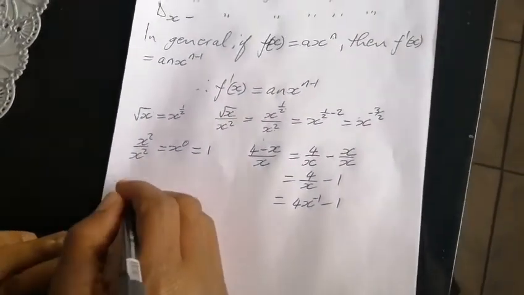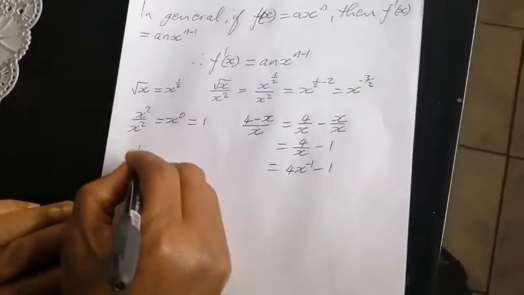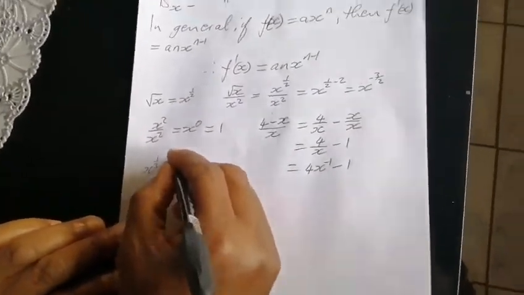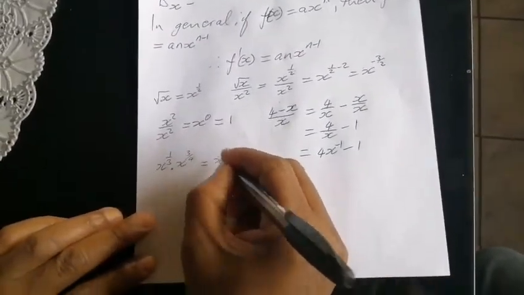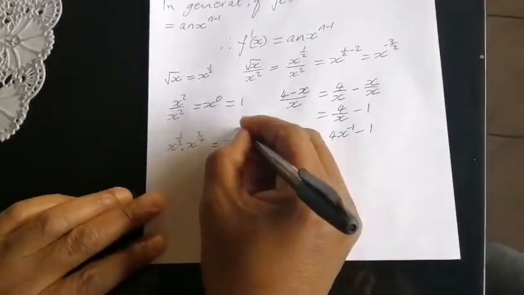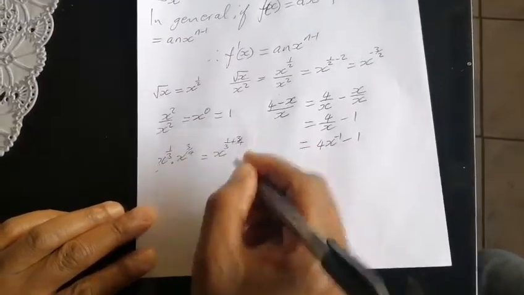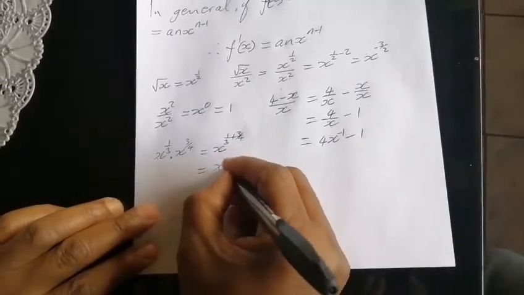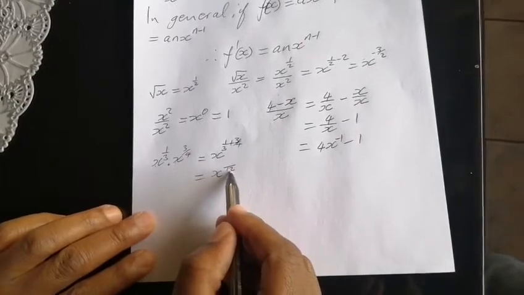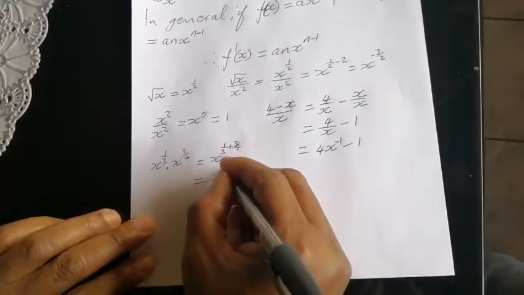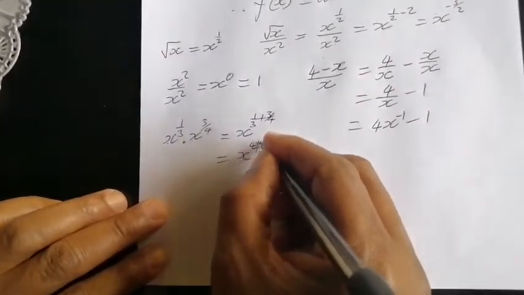And last, for these examples, we have x to the power 1/3 multiplied by x to the power 3 over 4. As usual, it's x because the base is the same. We add the exponents. Common denominator is 12. 3 into 12, 4. 4 times 1, that's 4. 4 into 12, 3 times 3, that's 9.